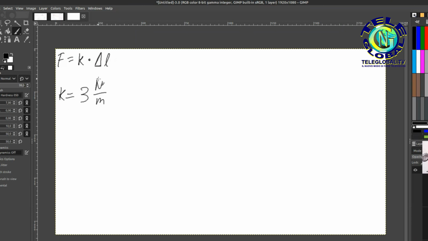When you're working with constants like this, I find it easiest, in order to remember which unit of measure it is, to just look at the law itself. So you have a force, which is Newton, and here a stretching, which is still a kind of length, so it's meter.